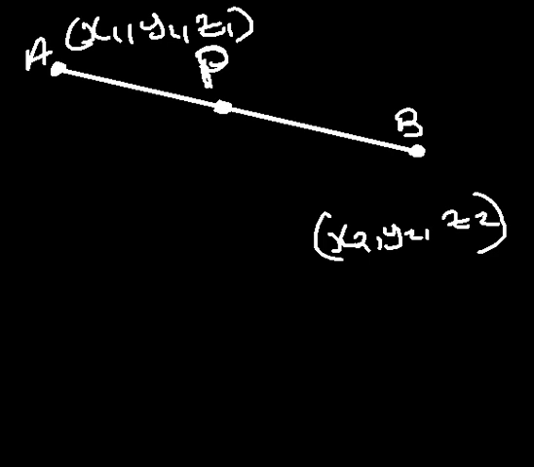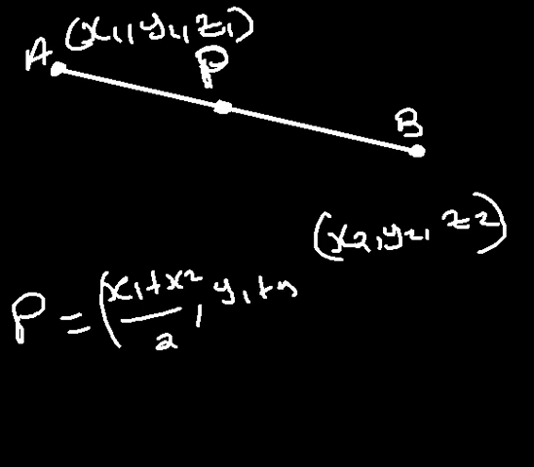We use what is called the midpoint formula. It is the same way we discussed the midpoint formula of a line in a 2-dimensional coordinate system. So the coordinates of the point P will be given as x1 plus x2 divided by 2, comma y1 plus y2 divided by 2, comma z1 plus z2 divided by 2.